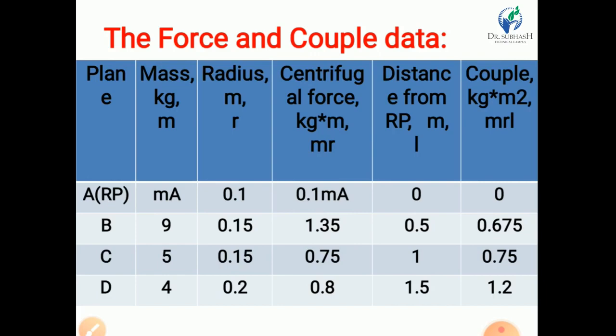So this unknown is clearly visible, but in the couple column there are 3 other unknowns: theta a, theta c and theta d. So there are a total of 4 unknowns in this table.